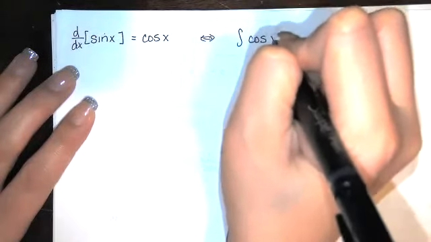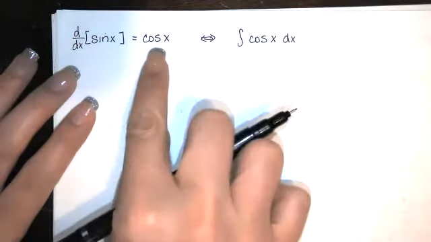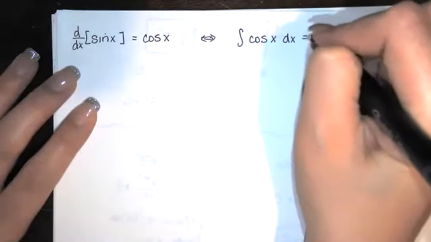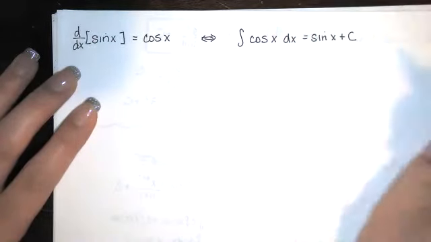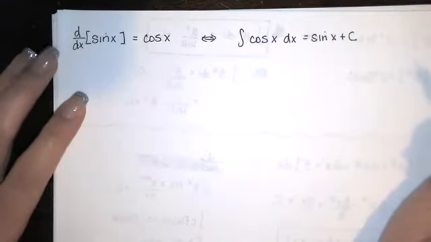The derivative of sine of x is cosine of x. So if I'm undoing that, the antiderivative of cosine of x is sine of x plus c, because the derivative of sine of x is cosine of x, and the derivative of c is 0.